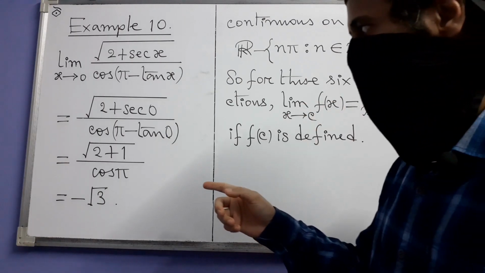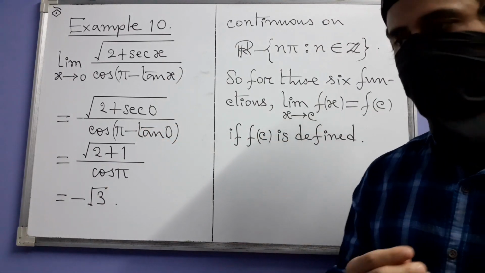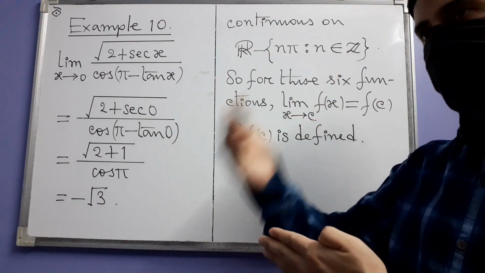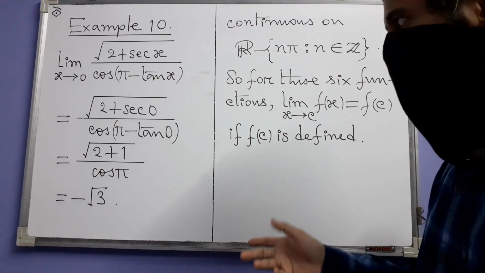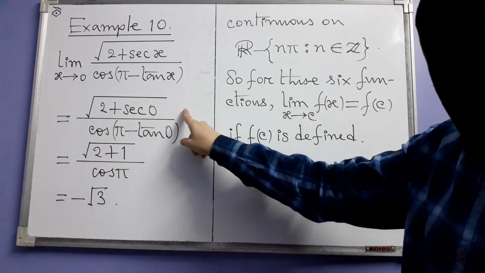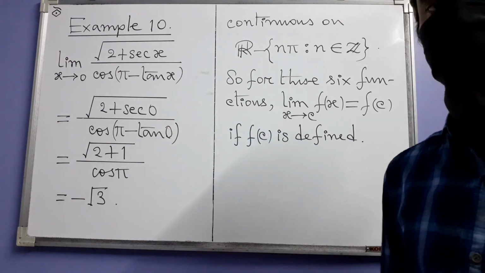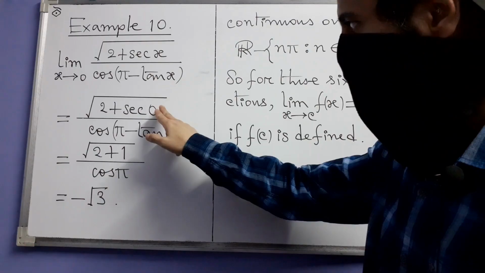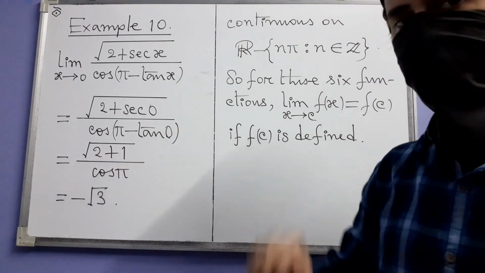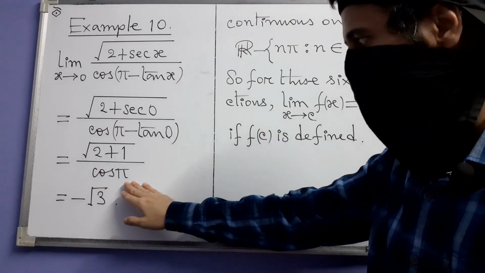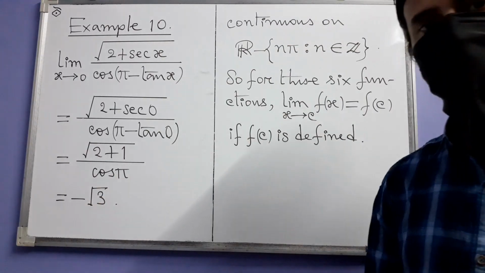So by that algebra of limits, and also the fact that if you take the composition of 2 functions, if you apply one function and then on that you apply another function, there also you can apply limit. So by those rules, you can actually write this. Essentially, you just replace x by 0 and then calculate the value. Secant 0 is 1, tan 0 is 0. So you have square root of 2 plus 1 as the numerator and cos pi as the denominator, and cos pi is minus 1, so that way you get the limit as minus root 3.